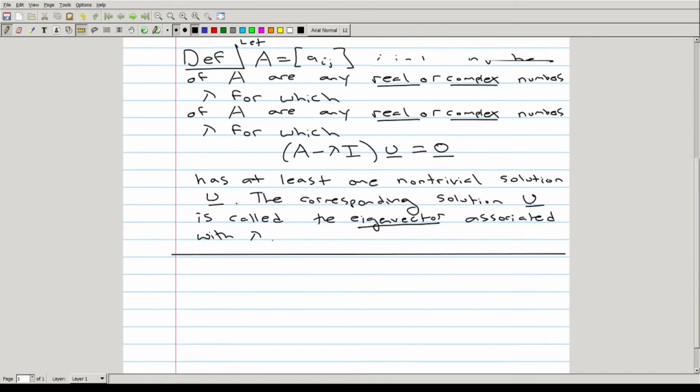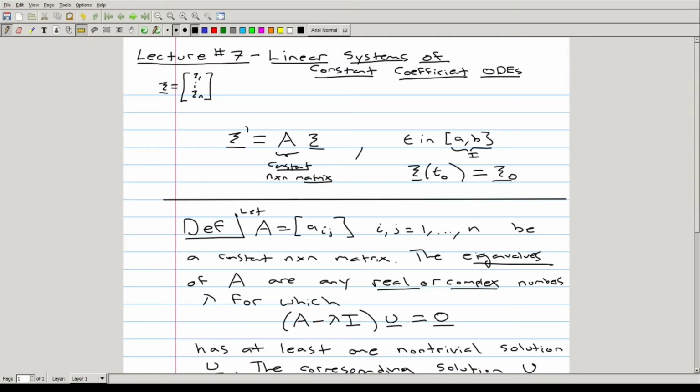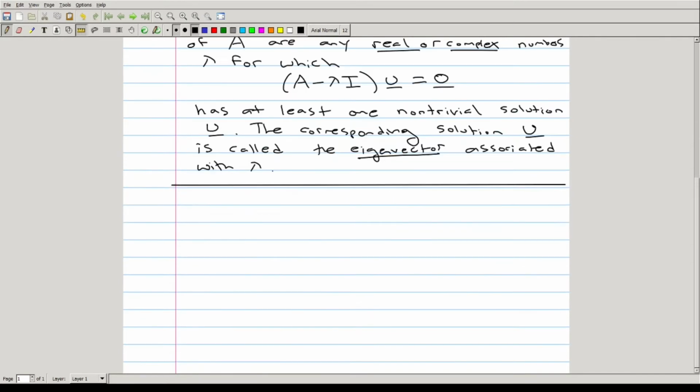And you could ask, why are the eigenvectors and eigenvalues of A, which you hopefully have a decent amount of practice from your linear algebra class computing, important to solving this constant coefficient linear system?